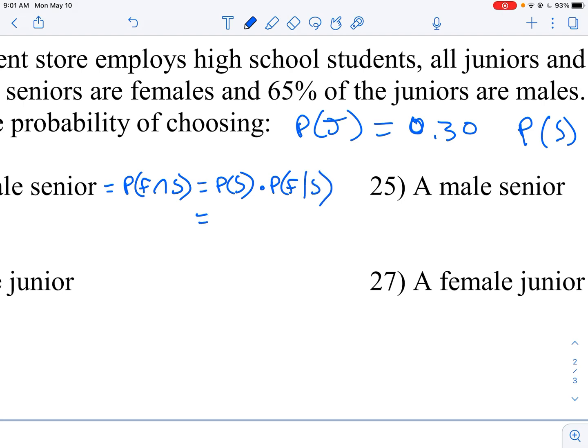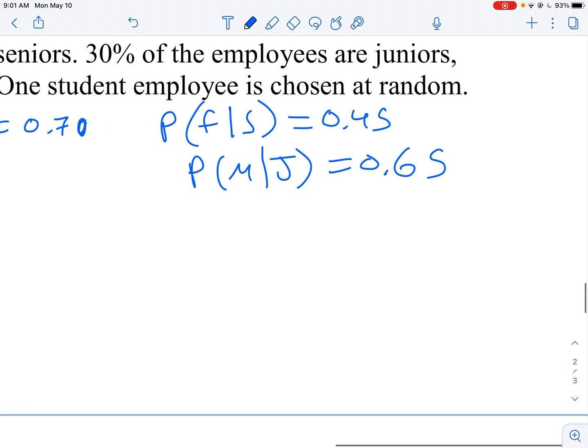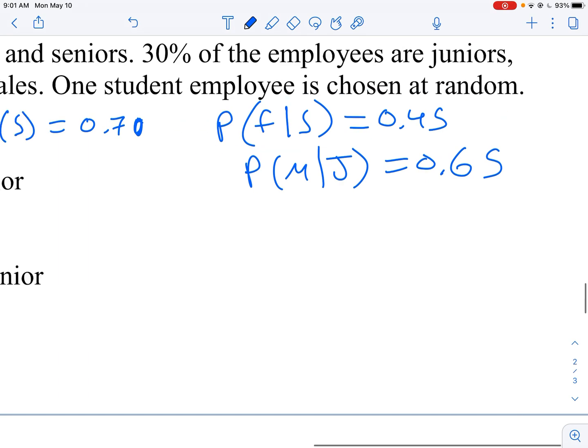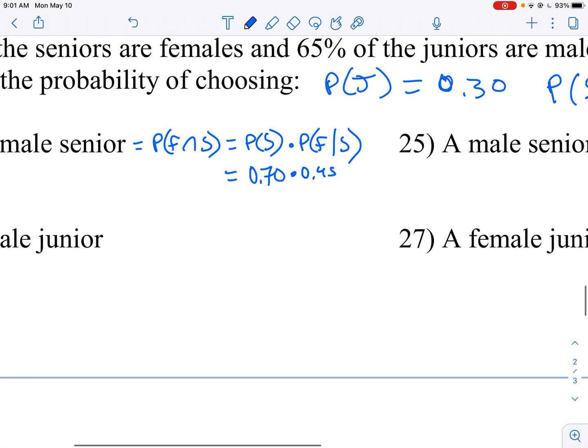The probability that they're senior is 0.7, and the probability of female given senior is right here already, it's 0.45. When we multiply them together, 0.7 times 0.45 gives you 0.315. And ta-da, we've got our probability there.